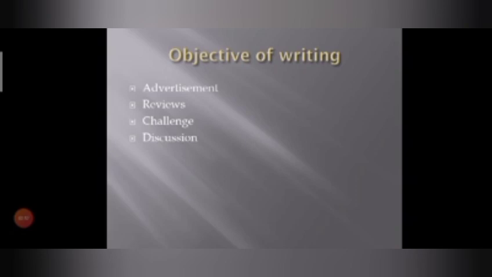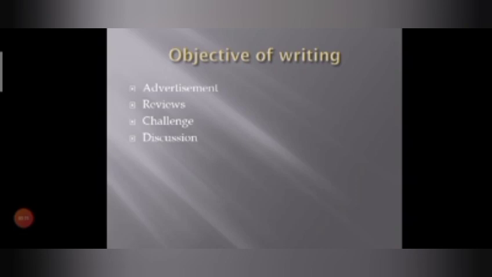Reviews offer an informed opinion. If a person saw a documentary and gives a good review, it means that the writer is trying to persuade the audience to watch that documentary.